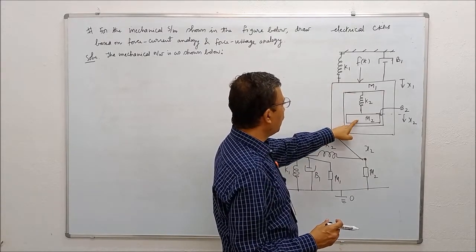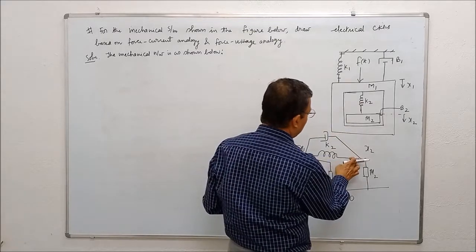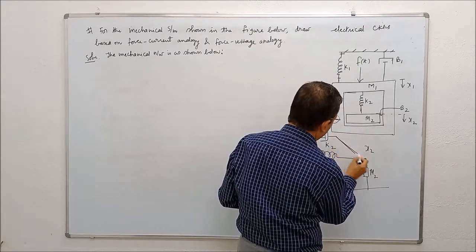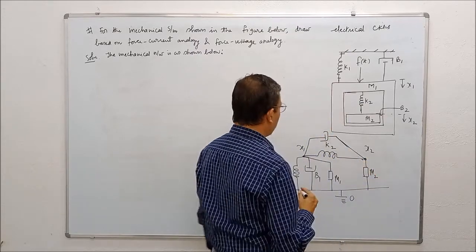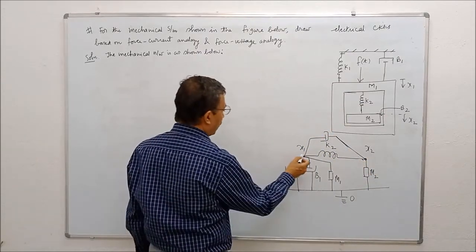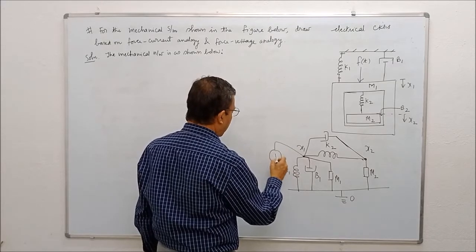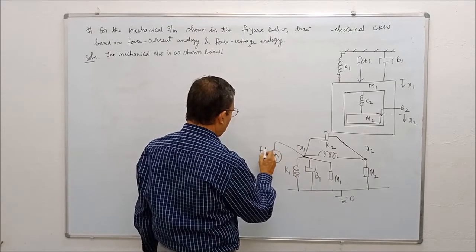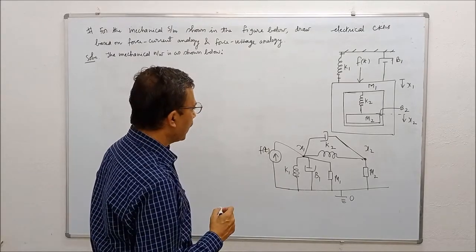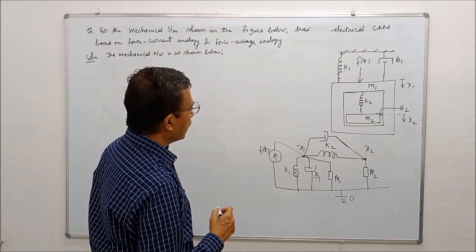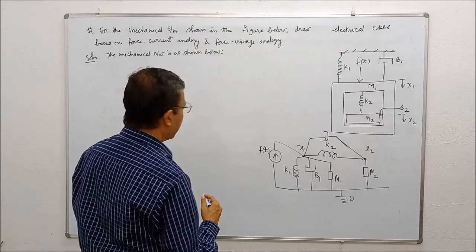Whatever happens to M2 in this figure happens at x2 in this figure. Force f of t is given to mass M1. Therefore, force f of t is given to node x1. Right, this is the mechanical network.